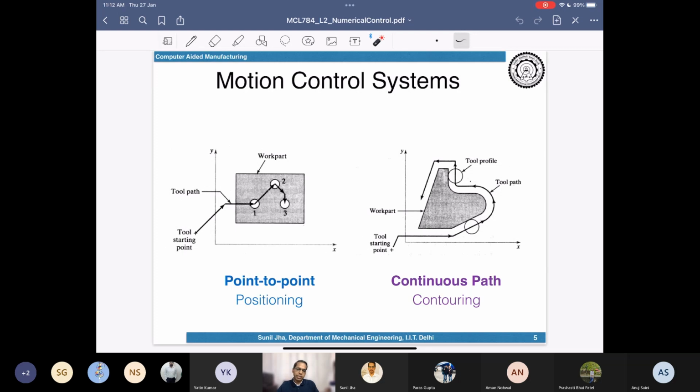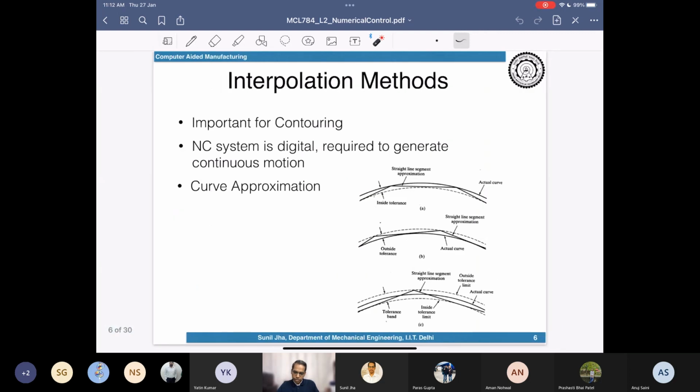As I was mentioning, there are different types of interpolations involved in the continuous path contouring motions. So we'll discuss interpolation also, which is a very important concept when we talk about the cutter path to be generated, and when we will be moving multiple axes simultaneously, what exactly interpolation means.